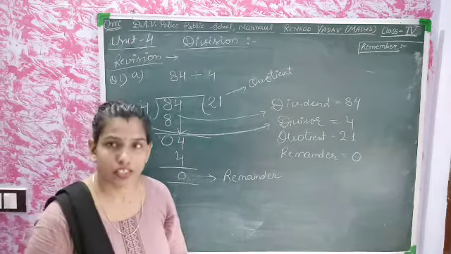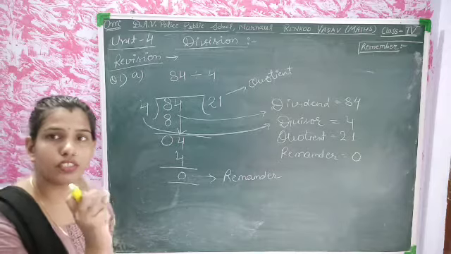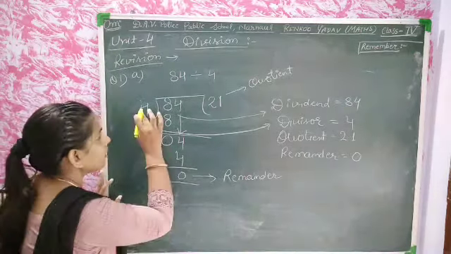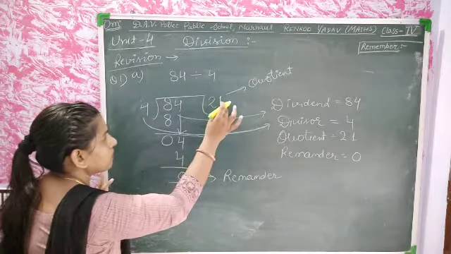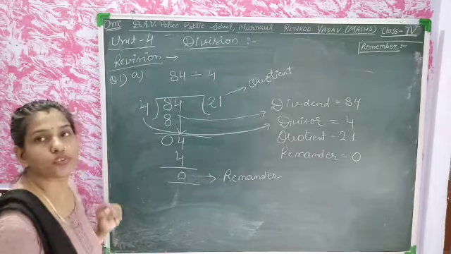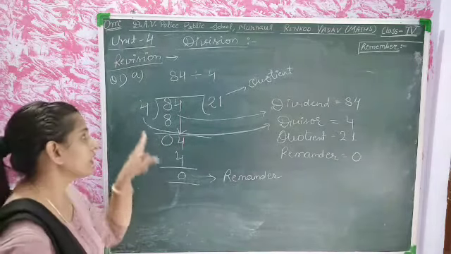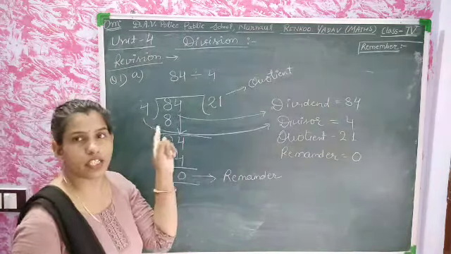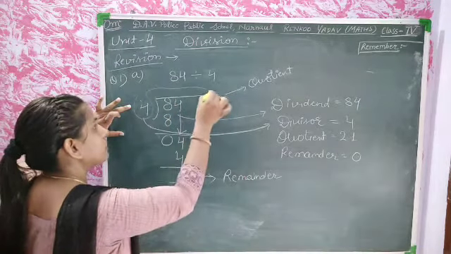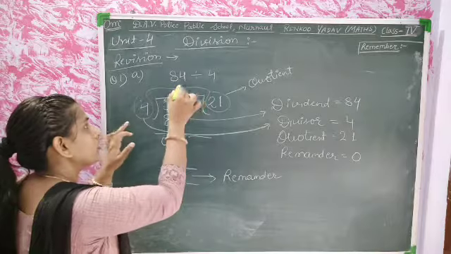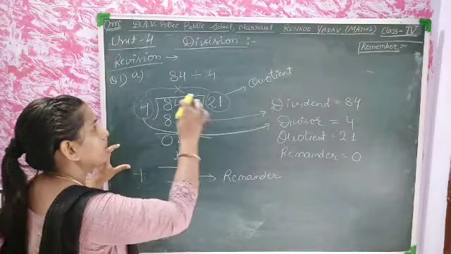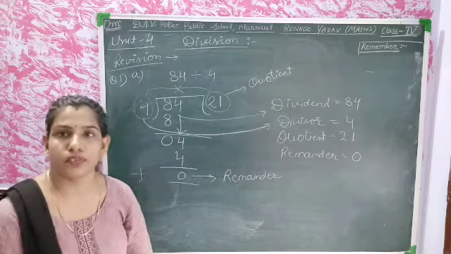How do you check? Yes, there is one important point to remember: if we multiply both the numbers and add the remainder, it becomes 84. That is, we check that if we multiply both the numbers and add the remainder, then we will get the dividend 84.